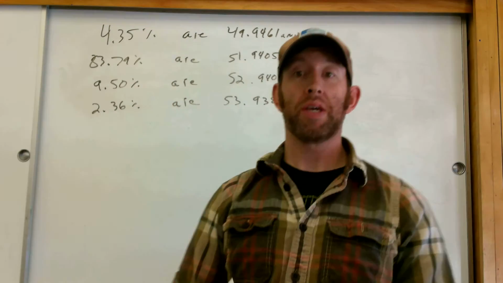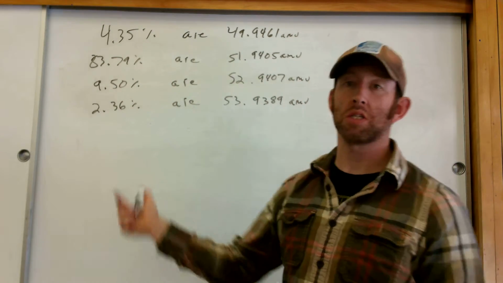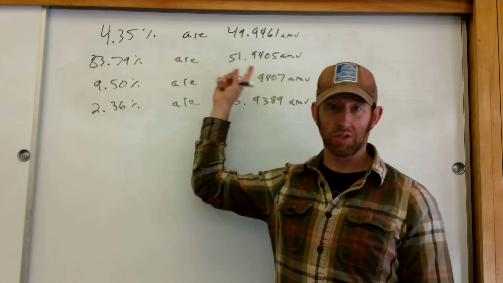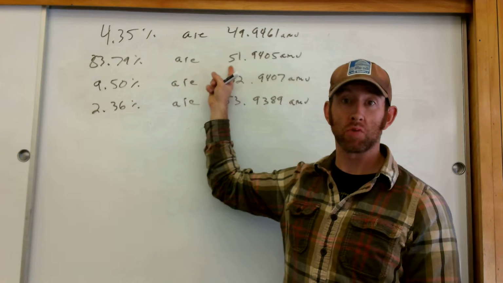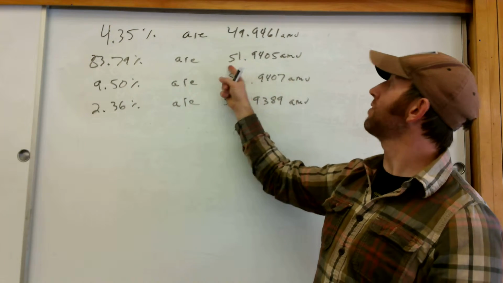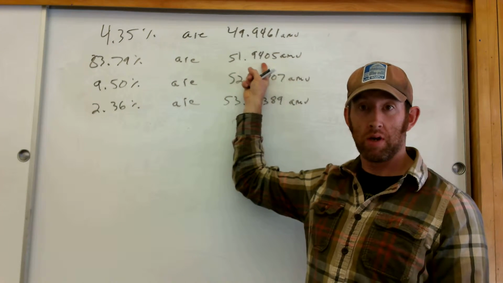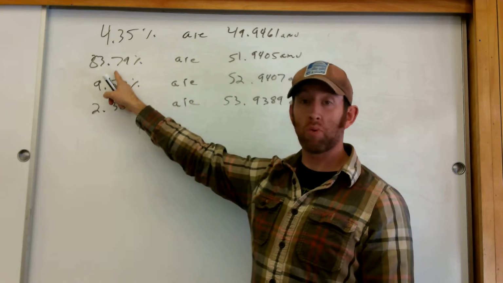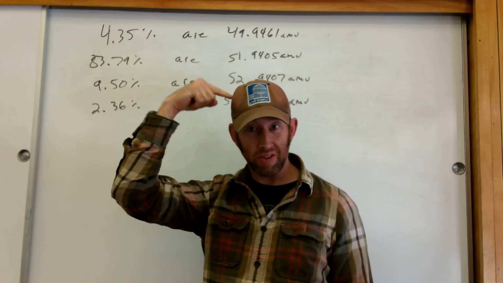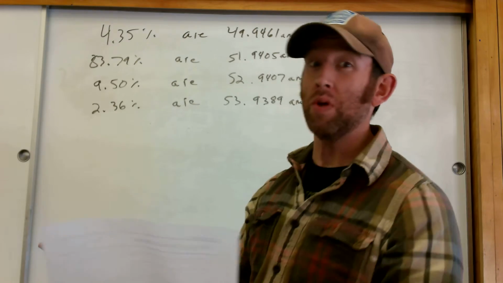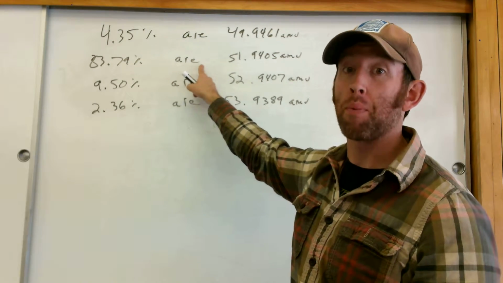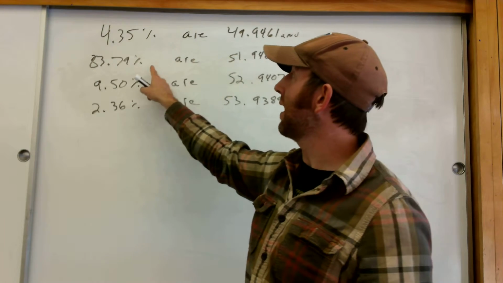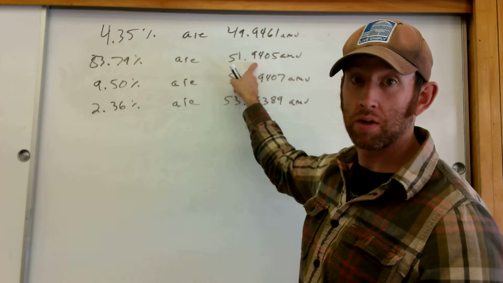Now, when you get a question like this one, there's a standout isotope that's obviously way more common than the other ones, and that would be this one right here, the 51.9405 at 83.79%. So we can make a mental note of that, because when we do our weighted average, since this is by far the most common, we're probably going to get a weighted average that's close to that number, right?